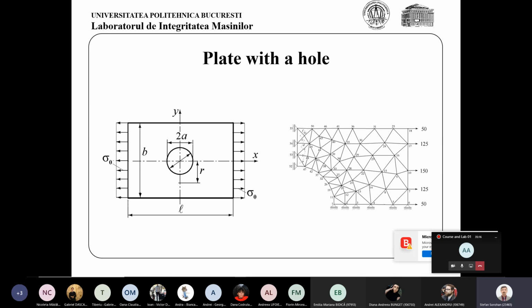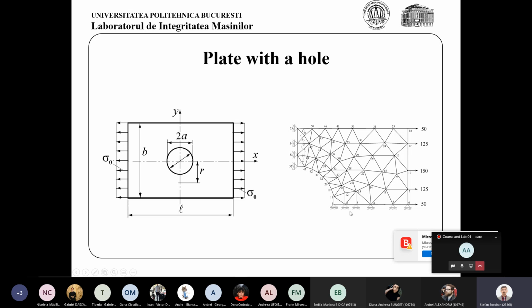As another example in 2D, this is a plate with a hole. Due to the double symmetry, we take just a quarter. We make a mesh, something like that. We put some pressure or boundary condition as loads. Also, we impose some boundary condition as displacement.